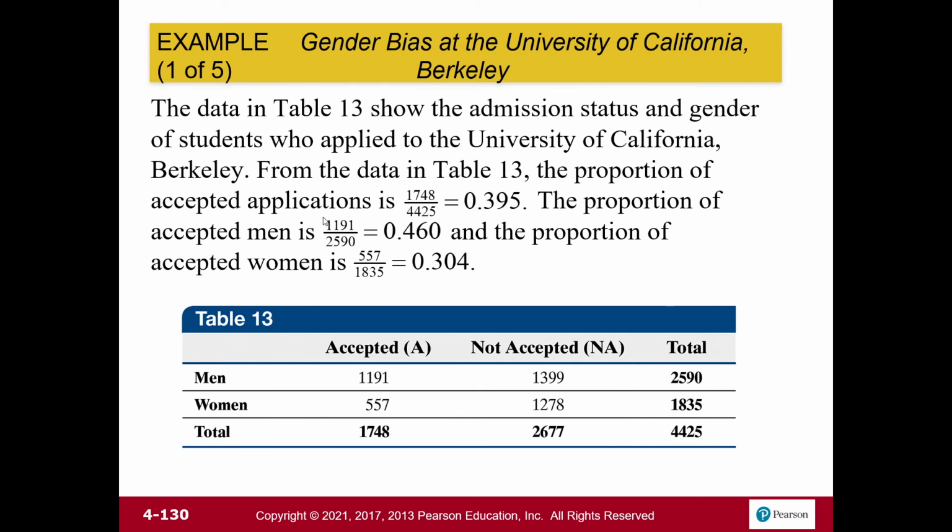From the data in table 13, the proportion of accepted applicants is 0.395, so they took that 1748 total divided by all the people who applied. The proportion of accepted men was 0.46 and the proportion of accepted women was about 30%. Again, we're taking the total of the men and the total of the women to see the acceptance rates of each gender.